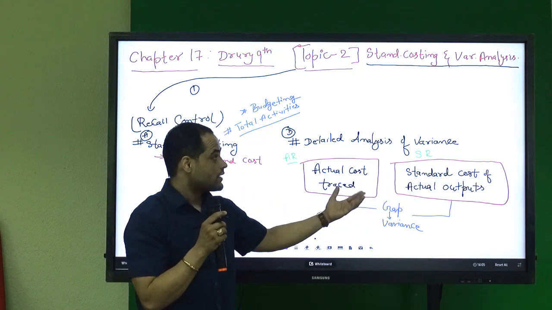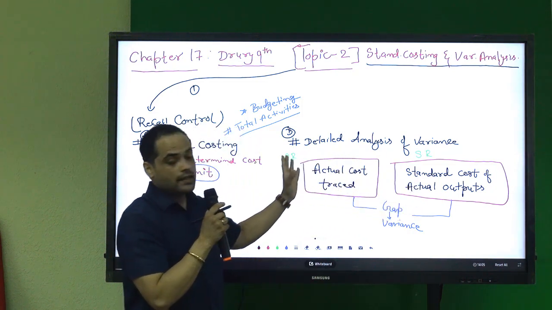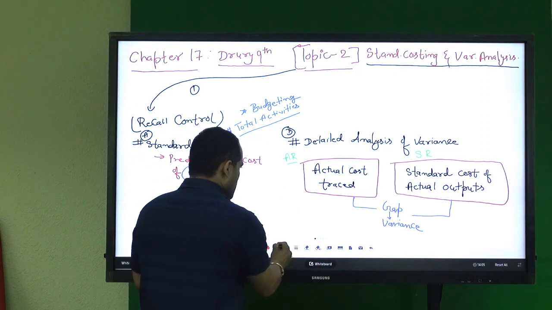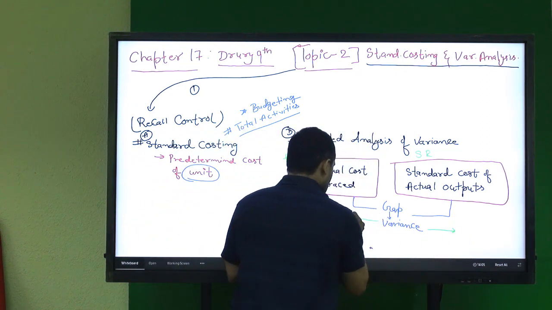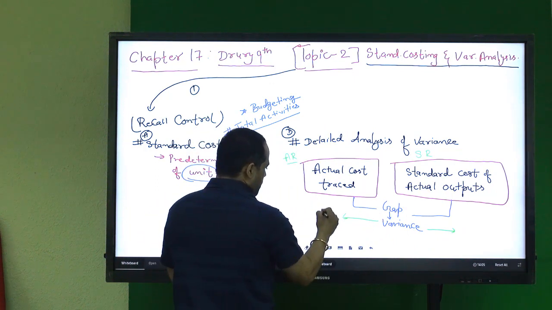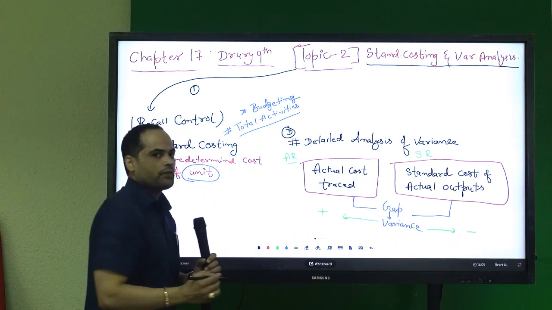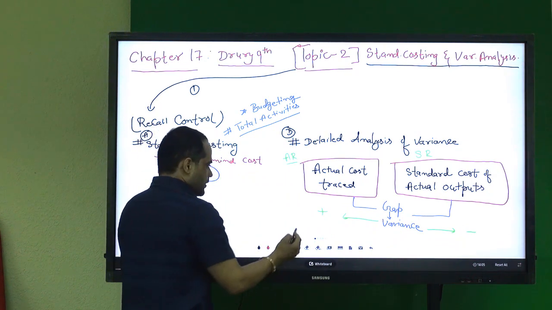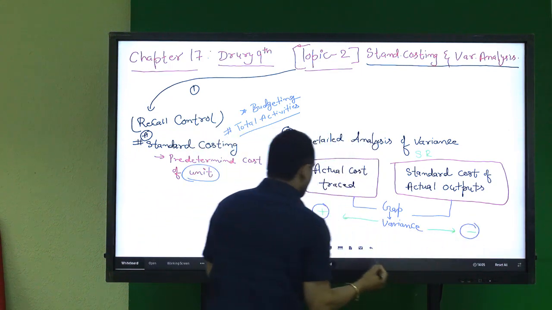Negative means maybe the standard is better than the actual. The idea is that this variance could be positive or negative.